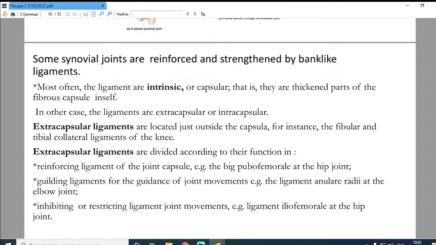Next, guiding ligaments for the guidance of joint movements, for example the annular ligament of the radius at the elbow joint. And next, ligaments inhibiting or restricting joint movement, for example the iliofemoral ligament at the hip joint.